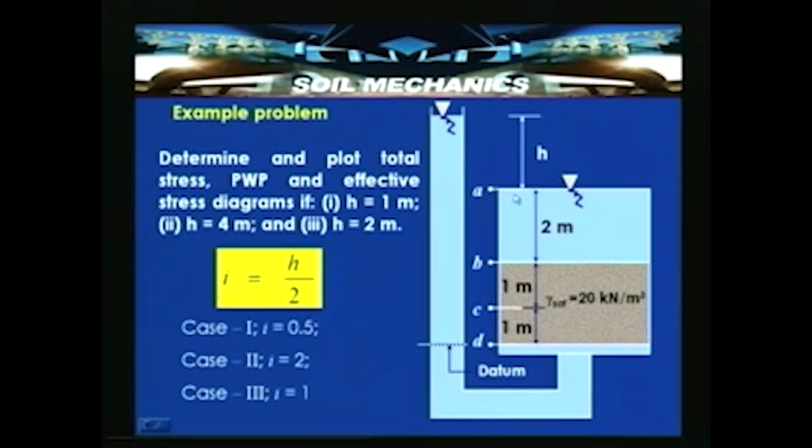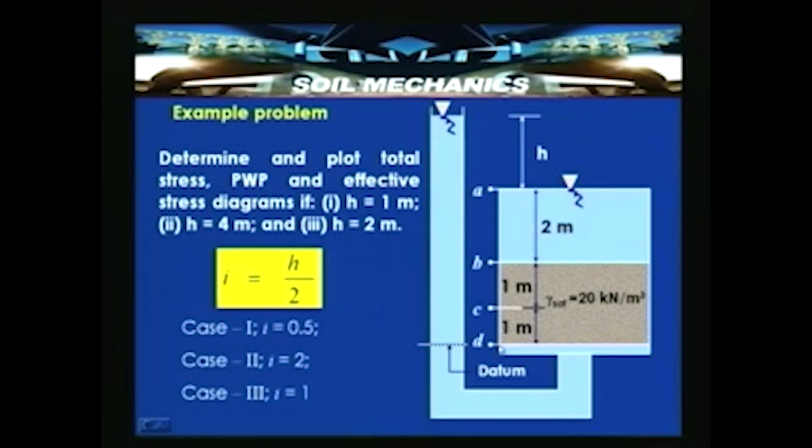The total head is pressure head plus elevation head, so the total head is equal to 4 meters. At the next point, the elevation head is 2 meters and the pressure head is 2 meters, so the total head is equal to 4 meters.